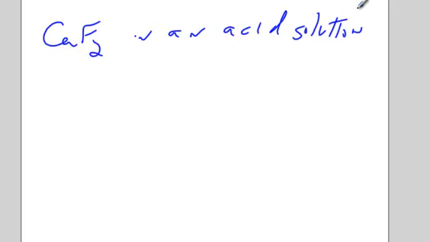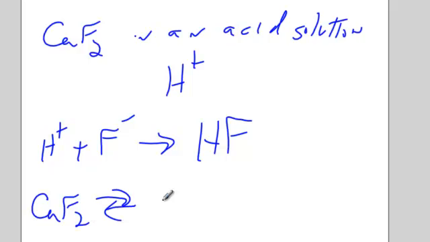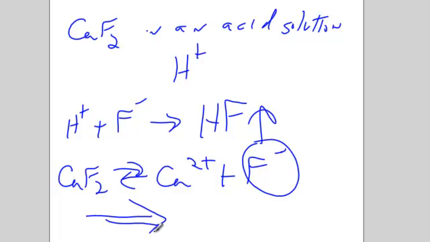Well, now if you think about that, in an acid solution, I've got lots of extra H+ lying around. H+ will react with F- to make HF. That's going to be Le Chatelier in the other direction. It's going to increase my solubility because some of the product is getting taken away. Some of this F- is going away because it's reacting, and that shifts things this way.